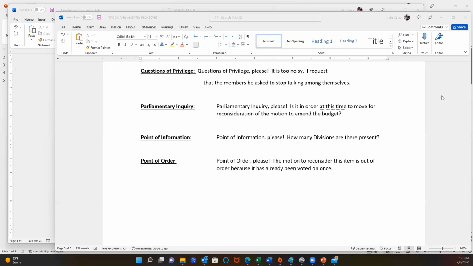If there's a second, then that amendment must be discussed and voted on before you go back to the main motion. Okay, so say that motion passes, then the main motion will now read, the new publication will be River Roadways of the 8th.